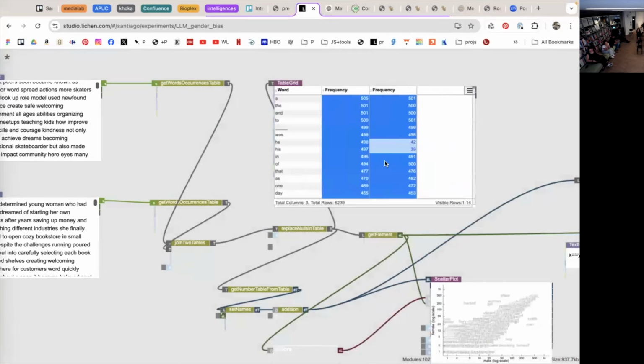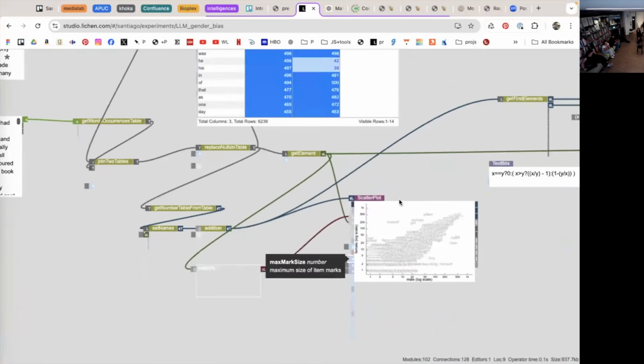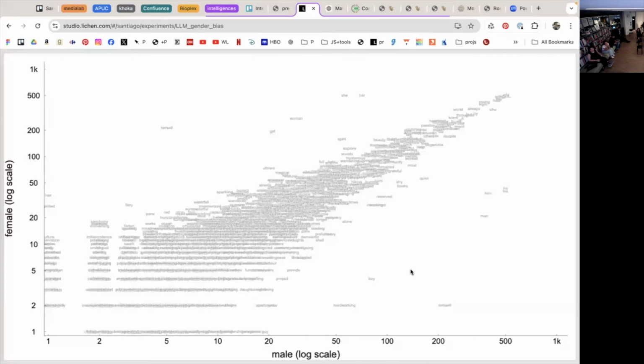And I do that, I get this table, and of course I can scatter plot that. So this number means the number of stories in which the word appears, let's call them men stories. Guy is normal. If the name of the character is a man, maybe Guy will appear. But then you have hardworking that appears in 56 stories for men and only 2 for women.